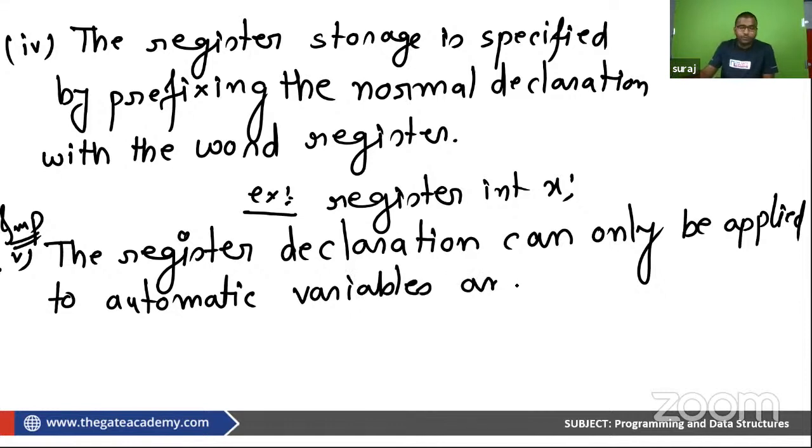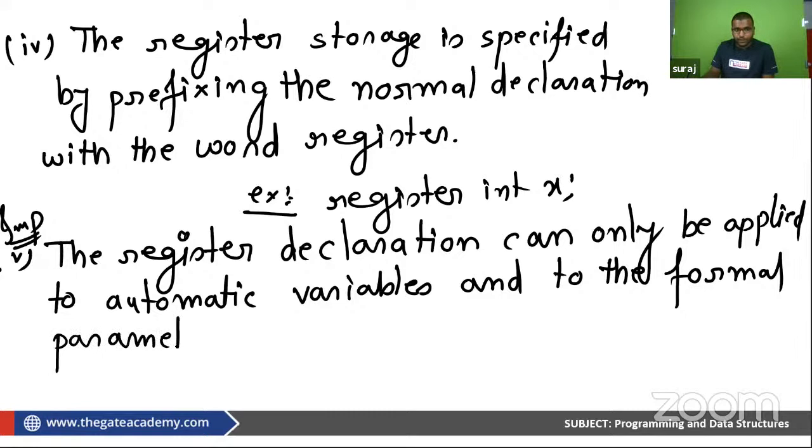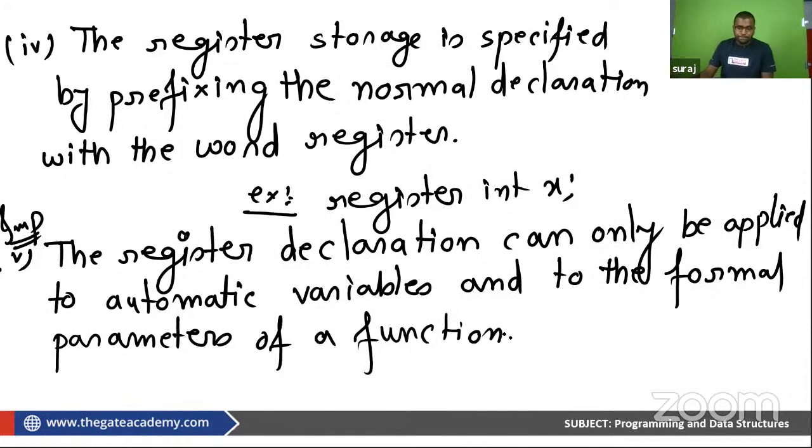And to the formal parameters of a function. Understood?